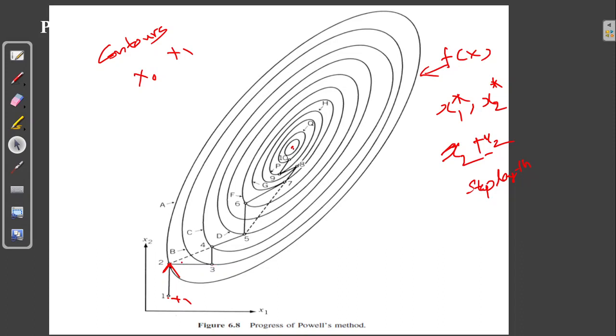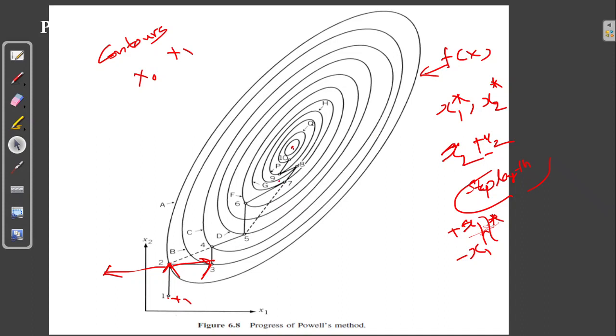In that step also we have to find the optimum step length, lambda star, and you should identify whether you have to go in the plus x1 direction or the minus x1 direction, so that the contour is getting minimized.